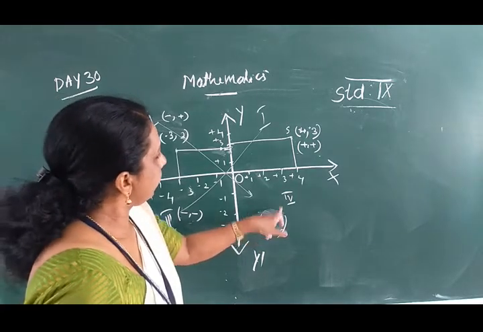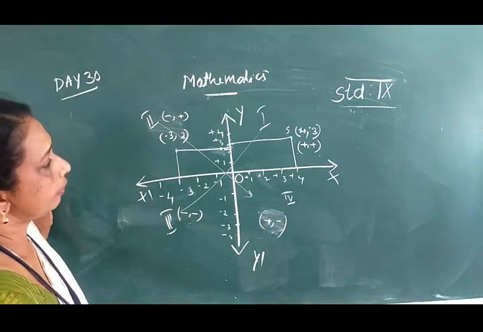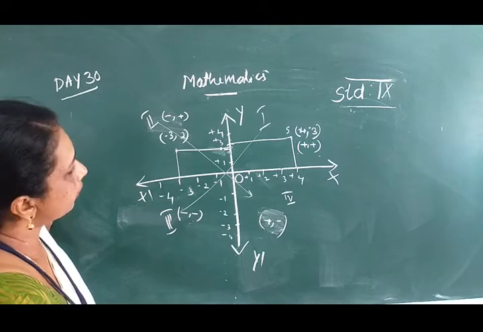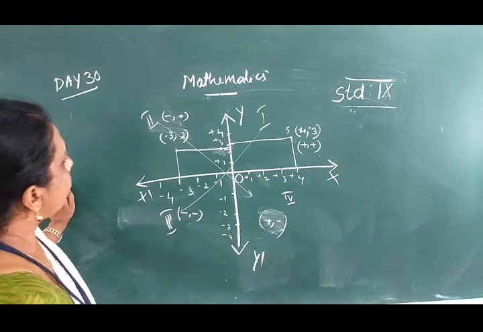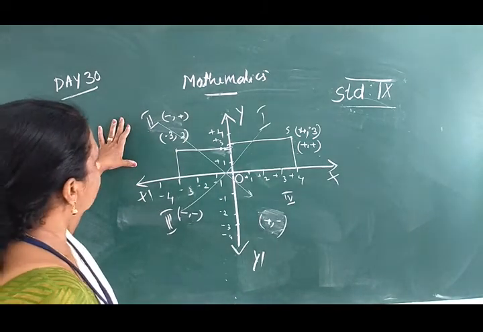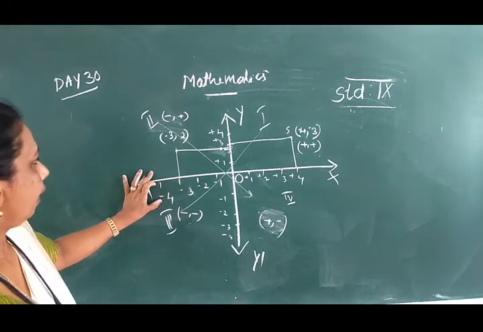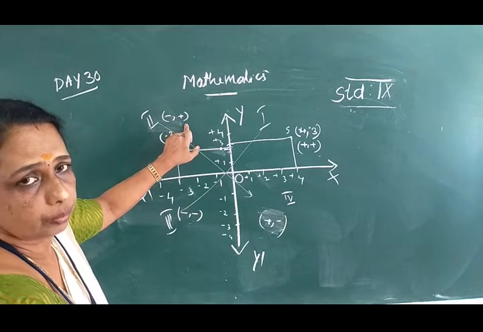Sign of the coordinates in the Cartesian plane. Okay, in the first quadrant, x coordinate and y coordinate are positive because here formed by two positive axes. And second quadrant formed by positive y-axis and negative x-axis. Therefore, x coordinate is negative and y coordinate positive.